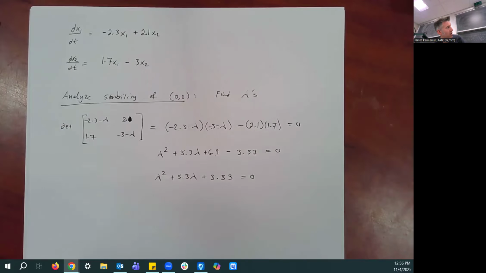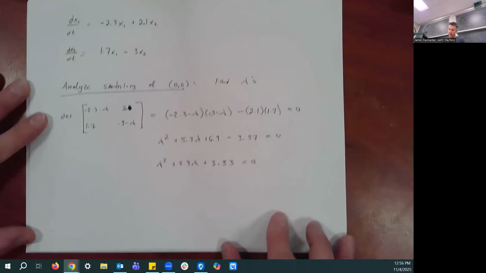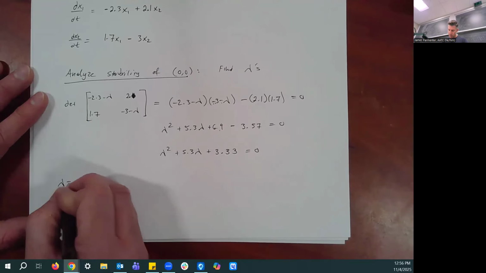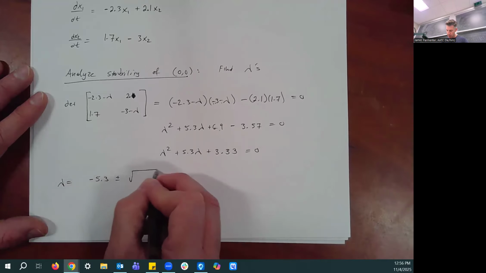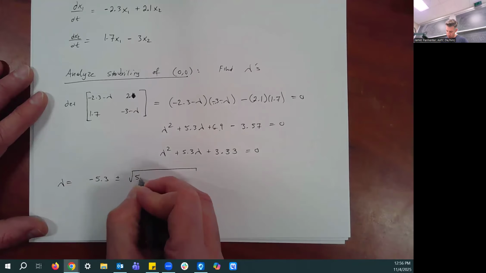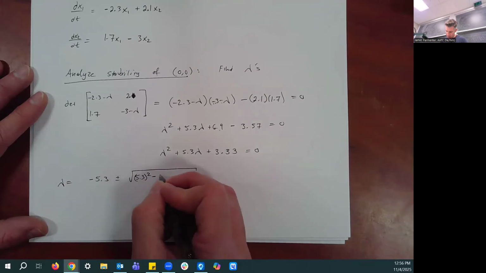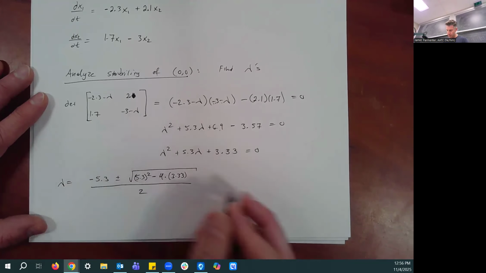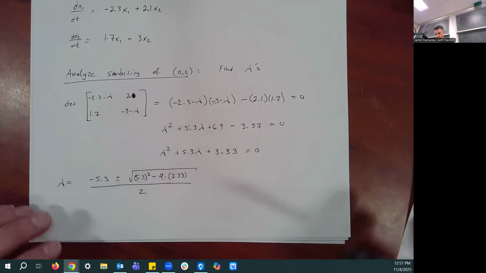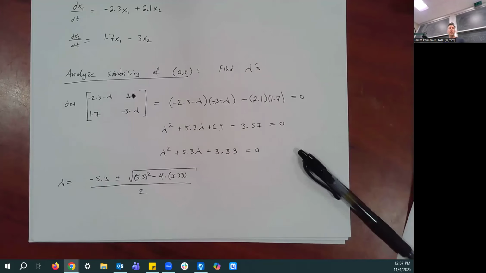So let's just write it out. So lambda is going to equal negative 5.3 plus or minus the square root of 5.3 squared minus 4 times 1 times 3.33, all divided by 2. Okay, so there's two questions to really answer here.